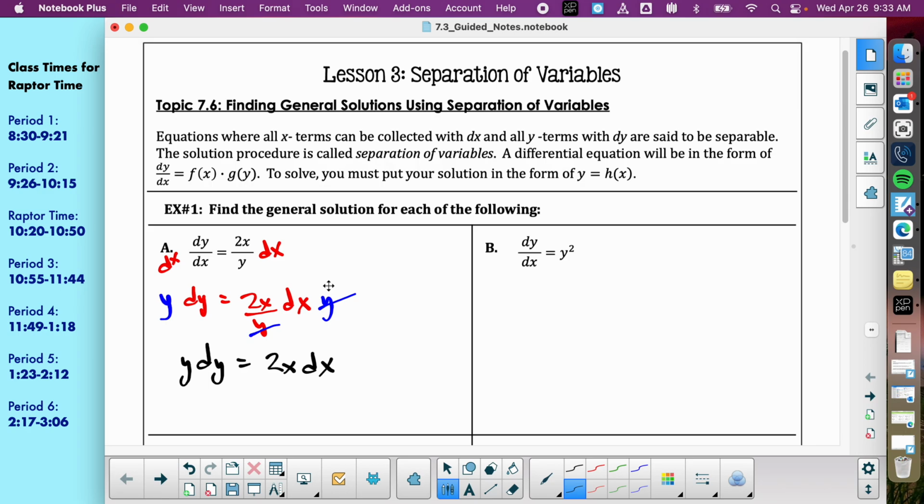There traditionally is a separation of variables question on free response every year. And it's not the fact that it's difficult to do. They just want to know that you realize variables have to be grouped together correctly to be able to integrate.